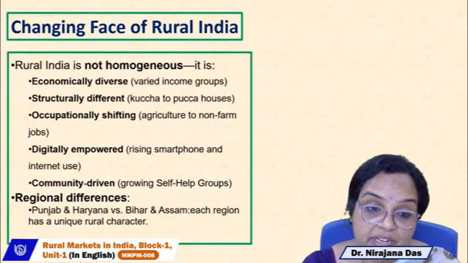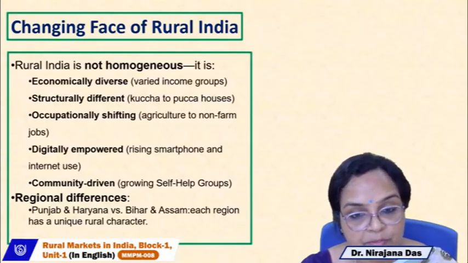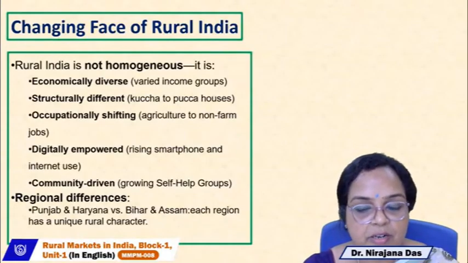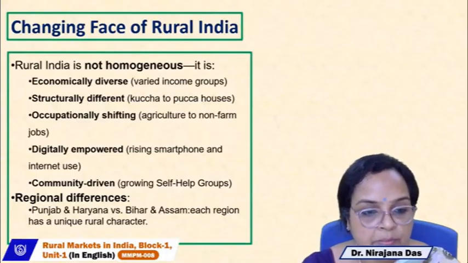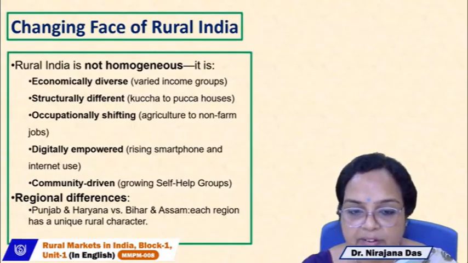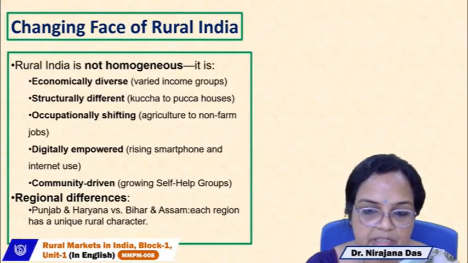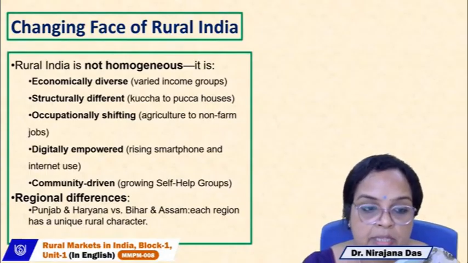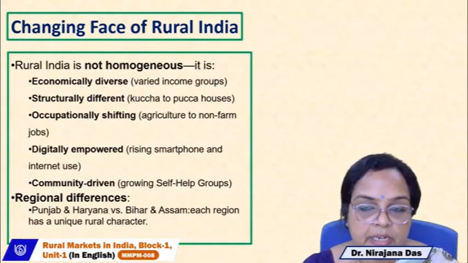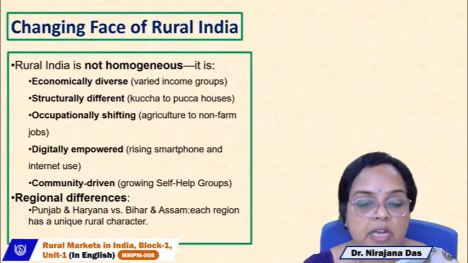Digitally, they are slowly getting empowered because smartphone use, access to internet, and social media are slowly entering the rural belt. Rural India is also community driven. We all know about self-help groups, their initiation and their role in the rural belt. There are regional differences also. For example, a village in Punjab is far different from a village in Haryana.